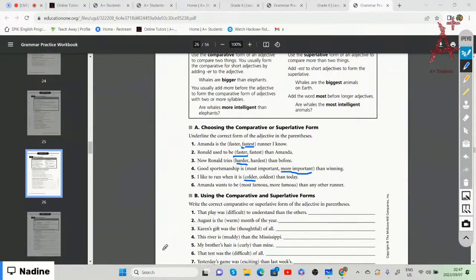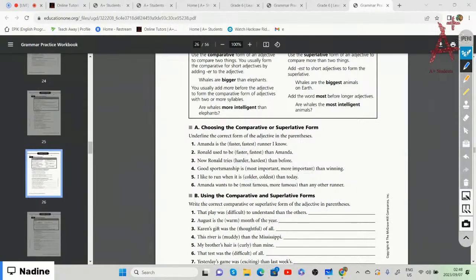So we can say that Amanda wants to be more famous than the other runner because there's only one other runner. And then you're going to do B on your own. So you're going to attempt B, where you need to write the comparative and superlative form of the adjective in the parentheses.